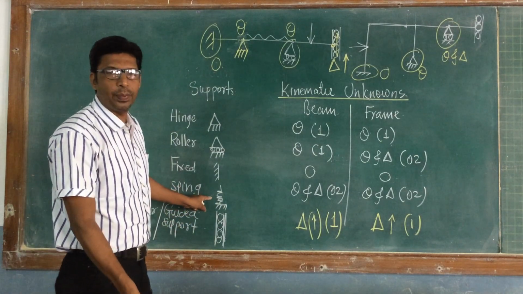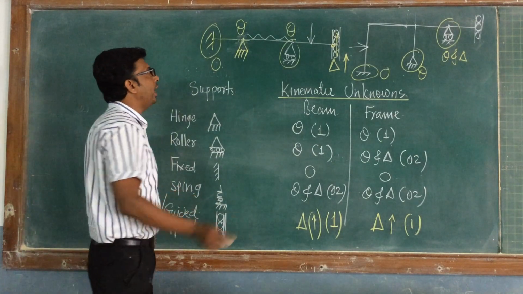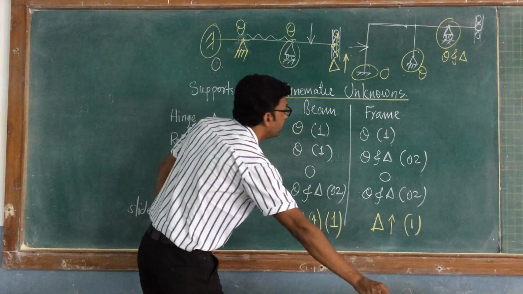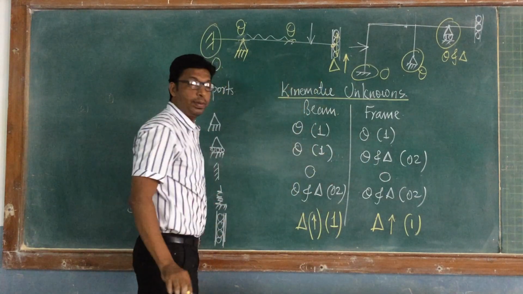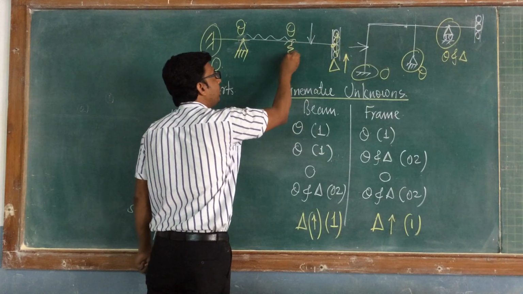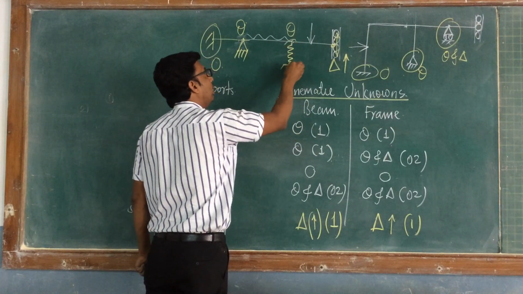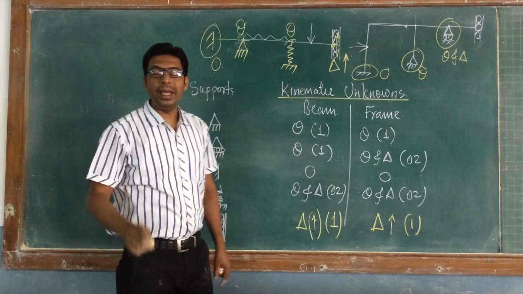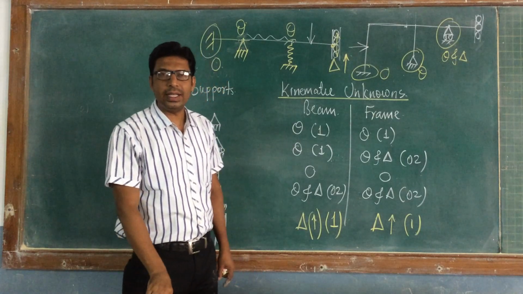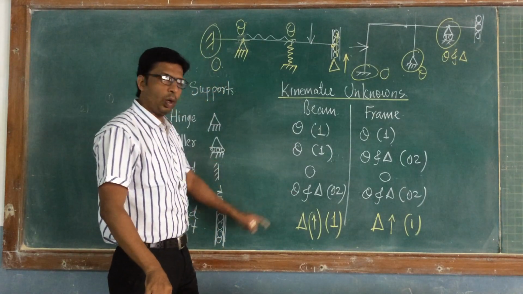Fourth support is the spring support. If a spring is provided in the structure, since a spring behaves like a simple support, that is a hinge support, there is a rotation.